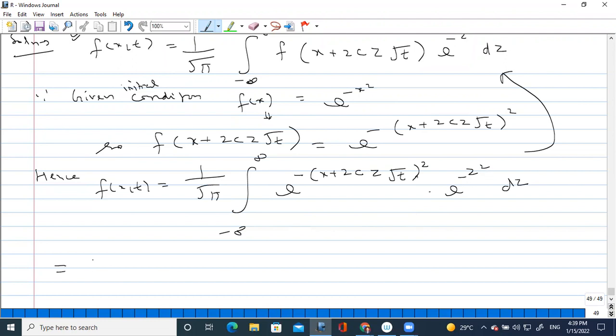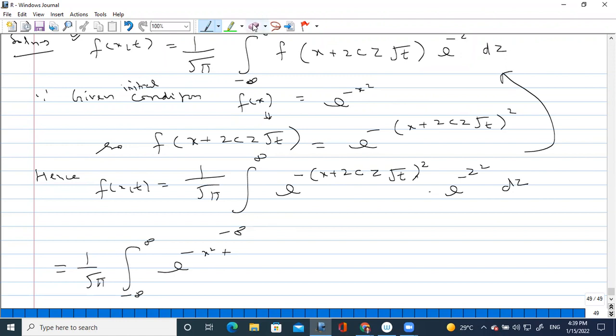So it will be 1 by root pi, integration minus infinity to infinity, e to the power minus, you open this whole, it will be x square plus 4c square z square t.